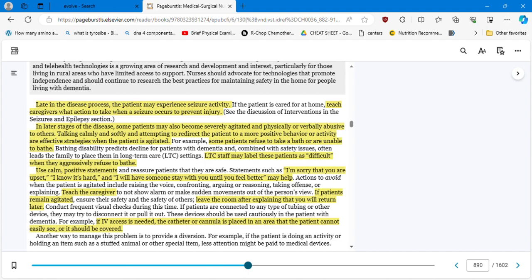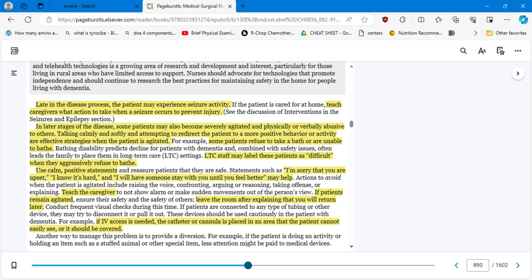Some patients at this stage are going to refuse to take a shower or a bath, and staff that is not prepared to manage these patients are going to label the patient as difficult, hard to manage. So in some facilities, they are going to tell you, you know what, let's put a restraint. I've seen this.